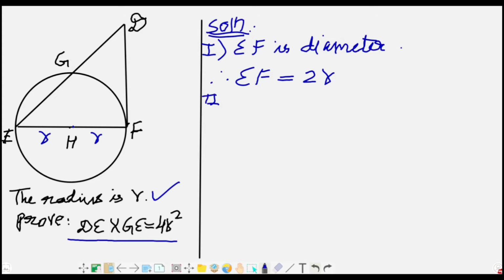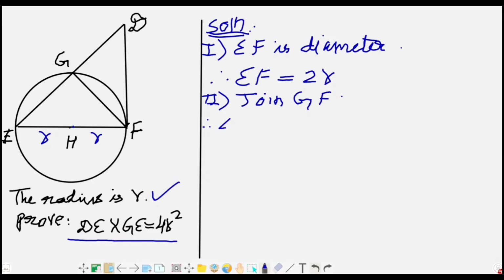Now, in the second part, I join GF. Both the arcs EGF and EF are semicircles because EF is the diameter.